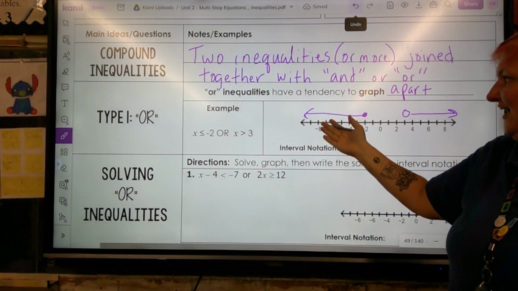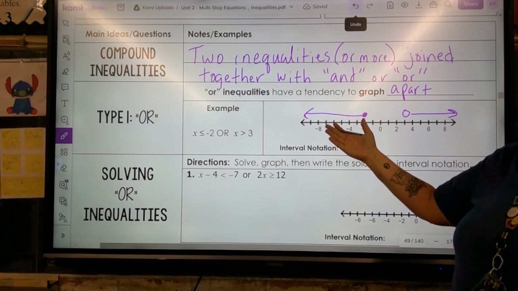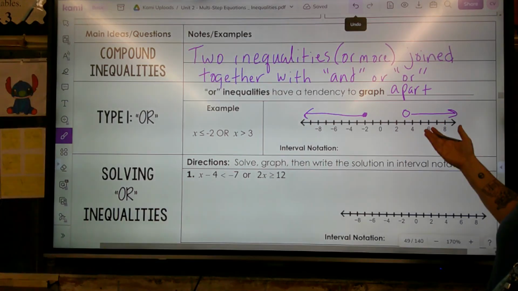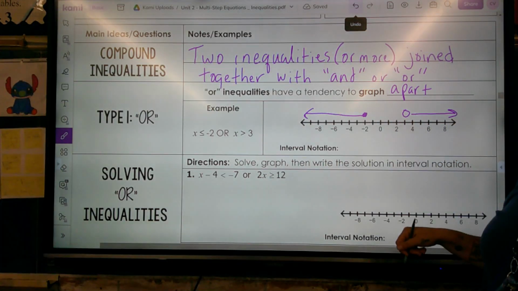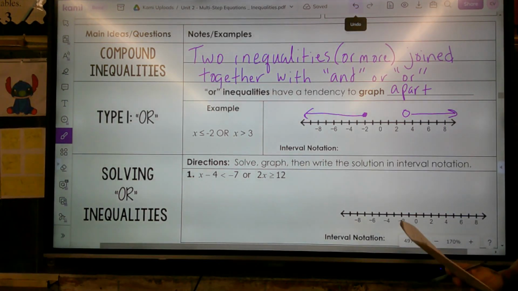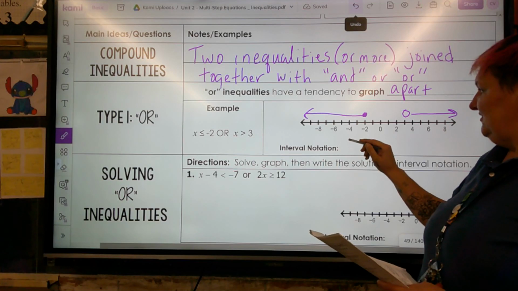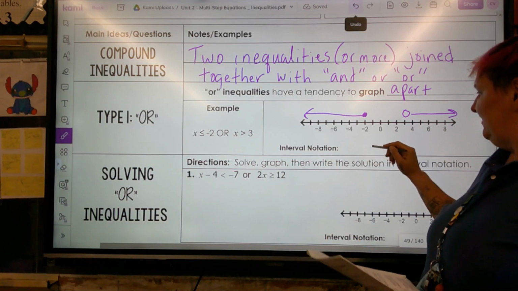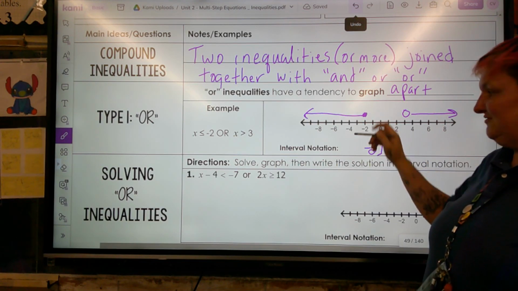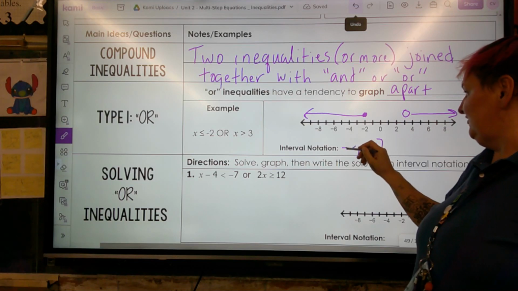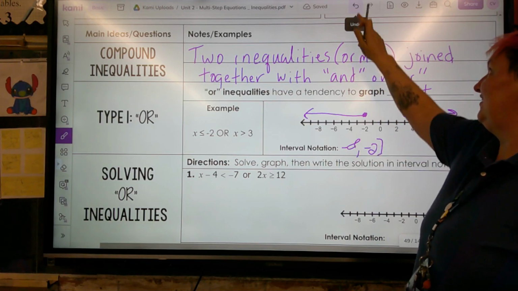So x is either from this side of the number line or from this side of the number line, but it cannot be for the numbers in between. Right? And how do we write this in interval notation? It could be -2 and bracket, because it could include -2, all the way to -infinity.